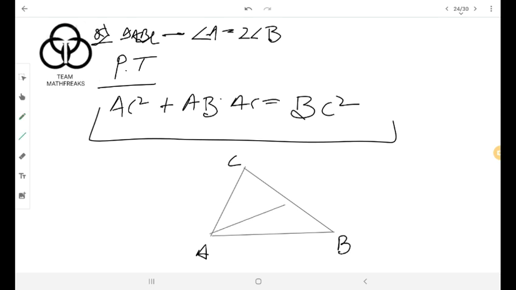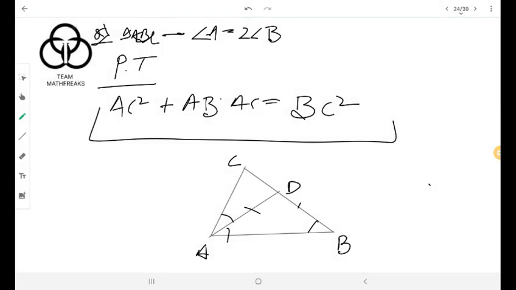Suppose I am drawing a line that way. Is it clear? Angle A is twice angle B, so I am drawing this line. That means this is the angle bisector. That would be my simplest approach. These angles are equal, and these sides are also equal. Now let's try to prove it.